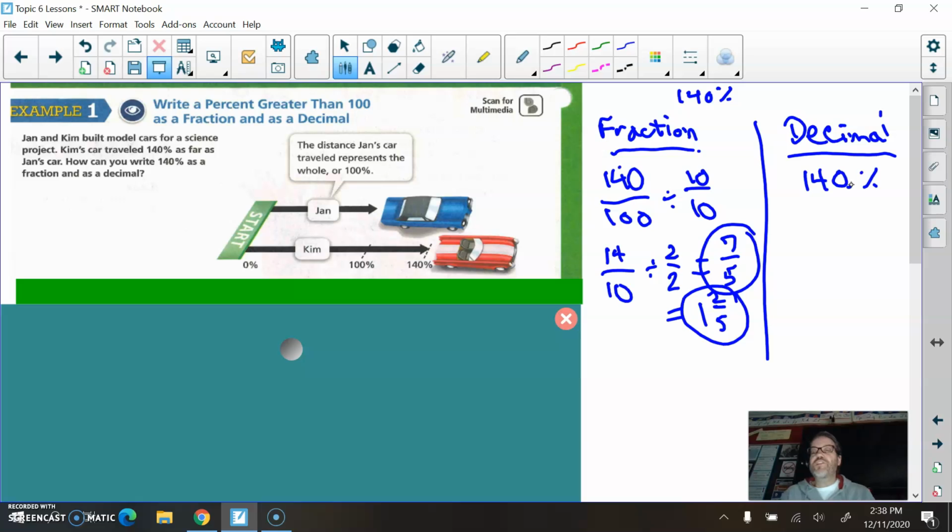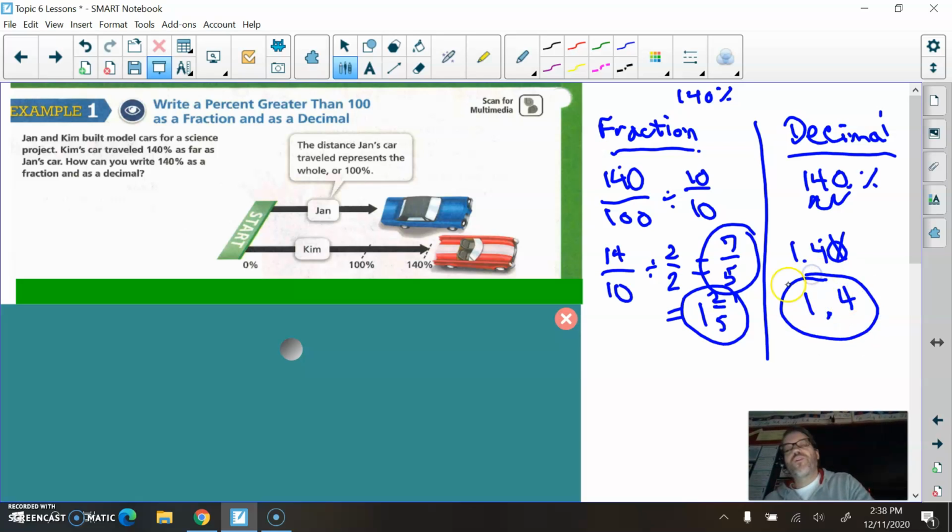So then we just move the decimal point left 2 spaces. 1, 2, and we get 1.40 for our decimal form. And again, we have a 0 at the end here in our decimals, so we don't need to show that. We can just write 1.4. So there I wrote it as a fraction, improper, and as a mixed number, and I wrote it as a decimal, in decimal form as well. Okay?